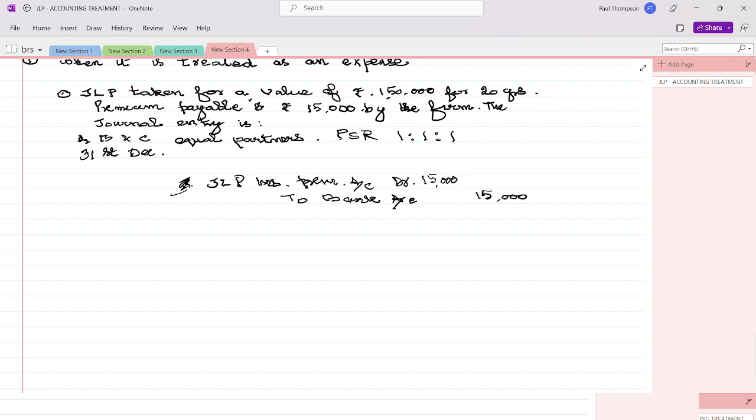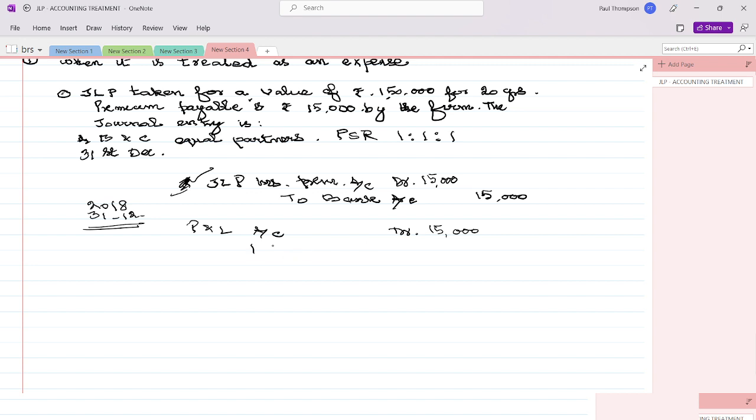Okay. Now this being a nominal account, we have to transfer it to P&L account at the end of the accounting year. So 31st December, I am taking it as in the year of 2018. So I am making a profit and loss account debited, P&L account is debited with the 15,000, and the total insurance premium is credited.